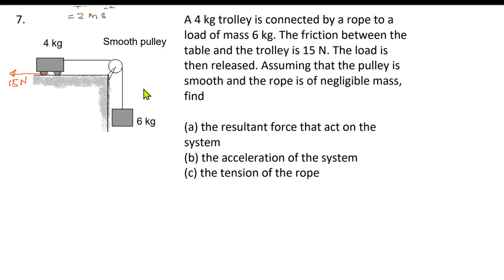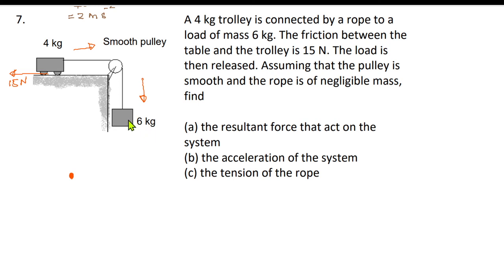So I know this is moving down, and here it is moving to the right, in the direction of my heavier object. Now find the resultant force that acts on the system. I'm given the pulley problem here, so I will just put it into my free body diagram. 6 kilograms.